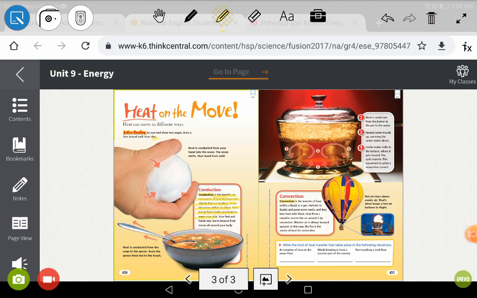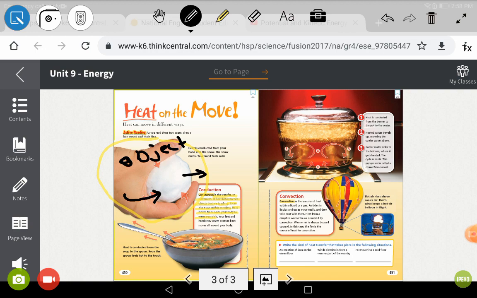Now if you look at this picture out here, you will see this is a hand, which is an object with high temperature, and the snowball here is another object with a low temperature. So we will see how the heat energy will start to move or transfer from your hand to the snowball. That's why when you catch a snowball you feel cold.